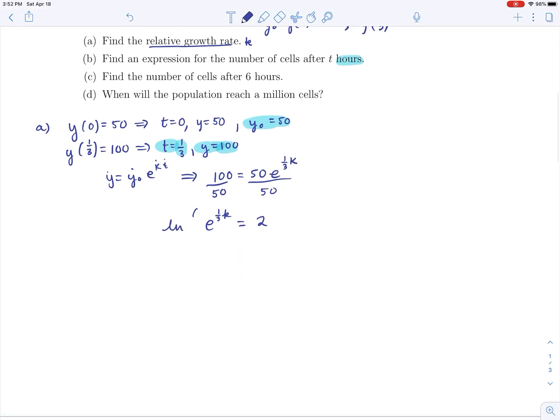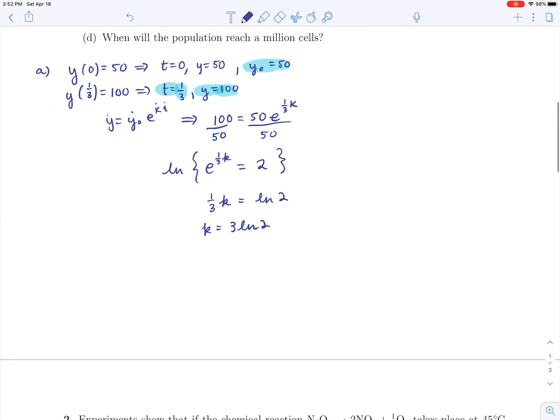If we take the natural log of both sides, then we have 1/3 k equals natural log 2. And that means that k is 3 natural log 2. We can approximate that, but writing out the decimal is more cumbersome than leaving that exact.